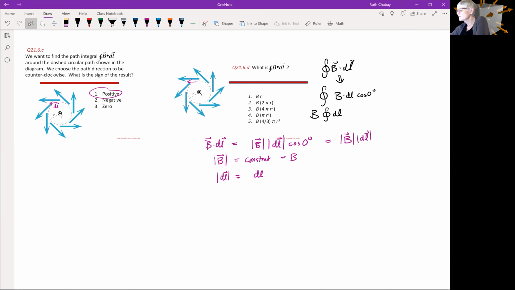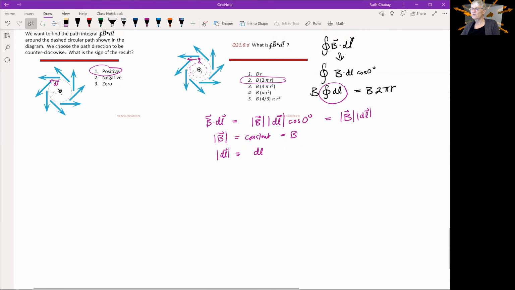So now what we have is B times the integral of dl around a circular path. Well, what is the integral of dl if we start here and add up all the little dl's until we get back to the same location? That's just the circumference, 2 pi r. So the answer is, in fact, B times 2 pi r.